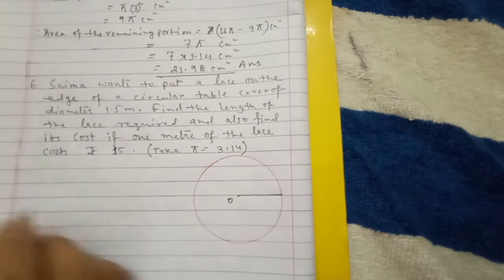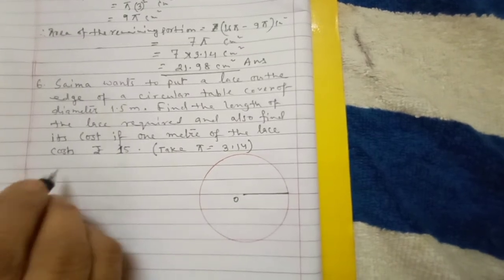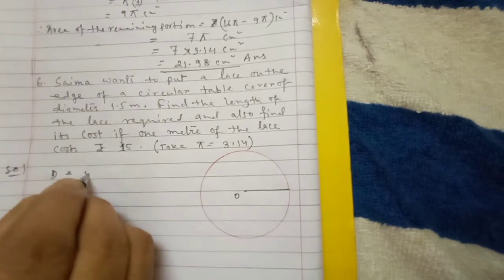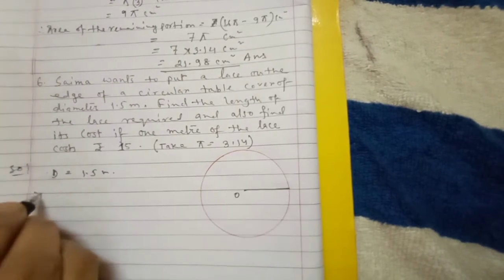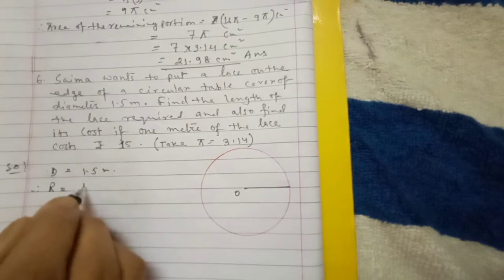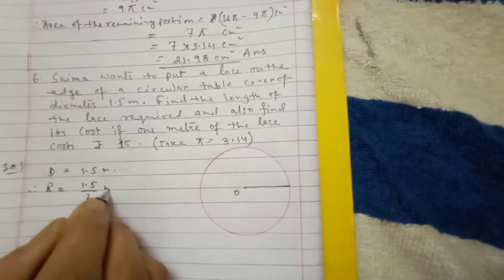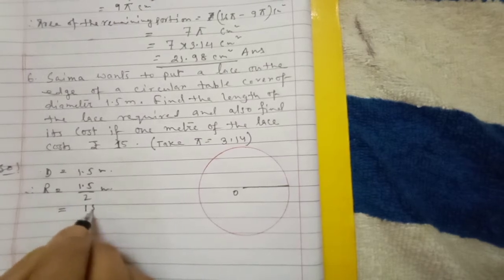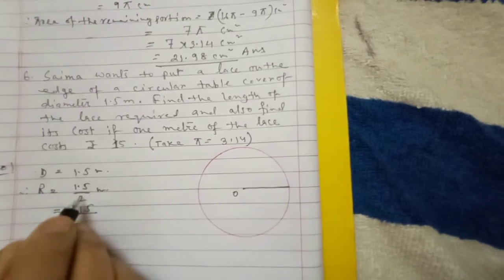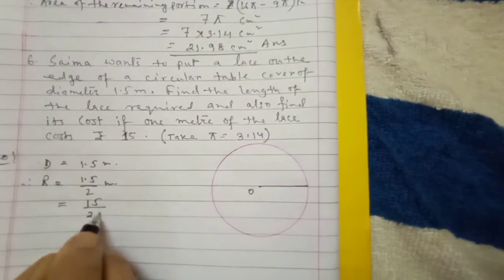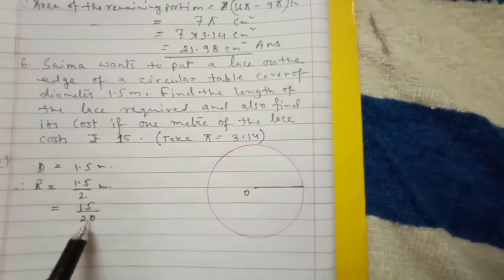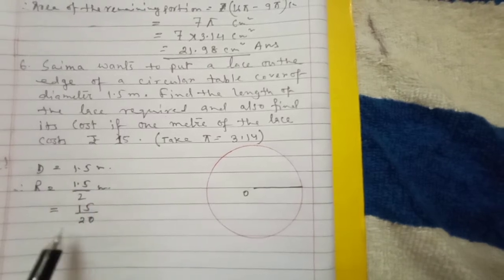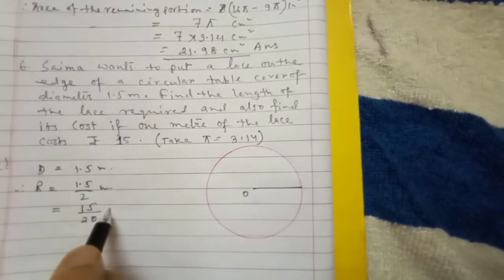The diameter is given as 1.5 meter. Therefore radius is 1.5 by 2 meter. Remove the decimal point: 15 by 20 meter.